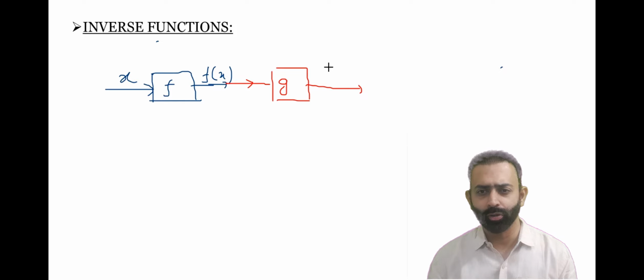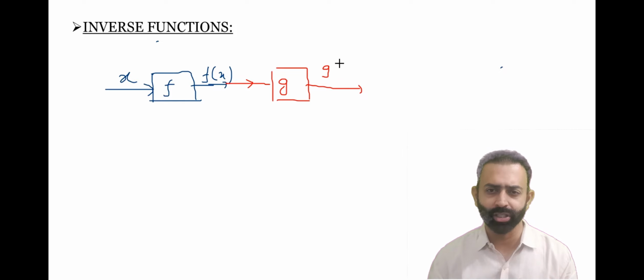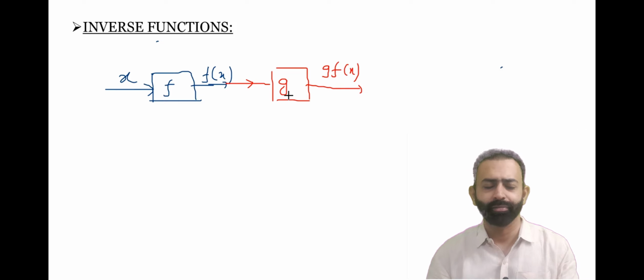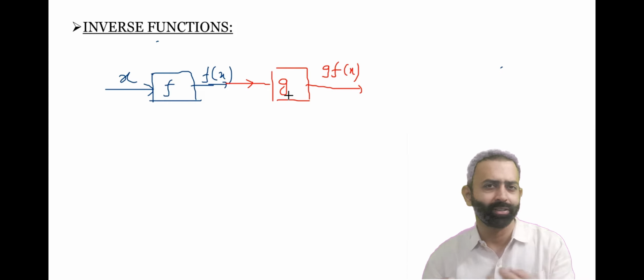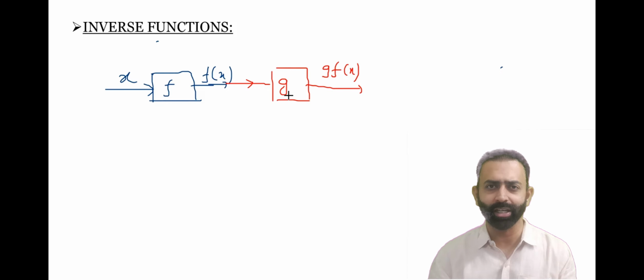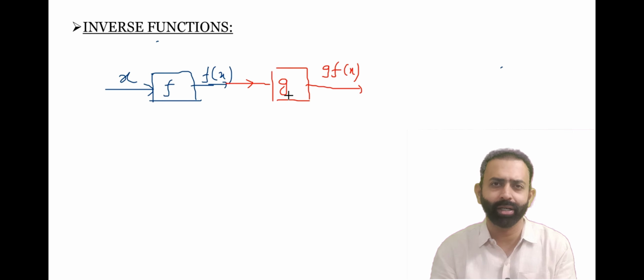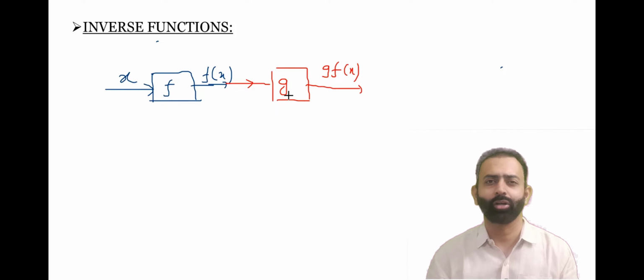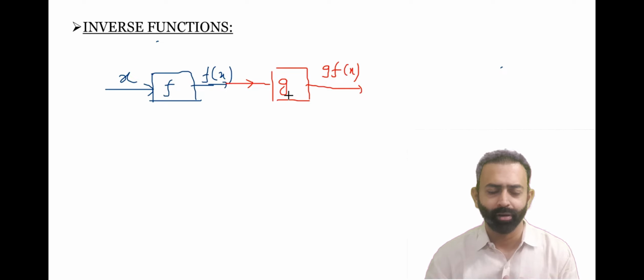This output is denoted by the composition function g(f(x)), right? Normally we denote any function by considering the variable as x, but here the input to the function machine g is f(x), so we denote the composition as g(f(x)), the output of function g, right?